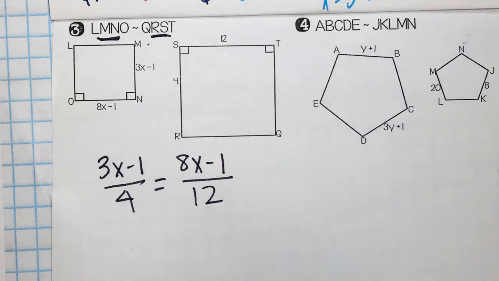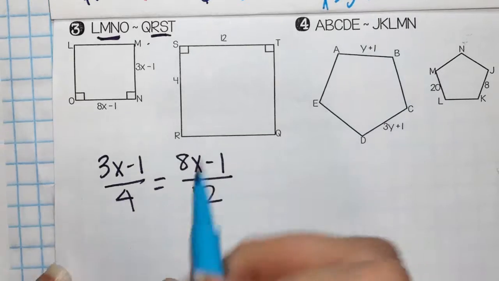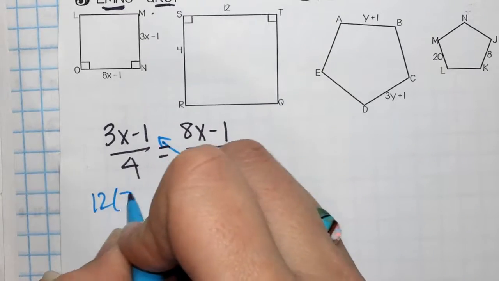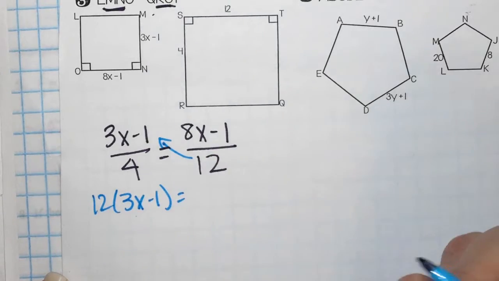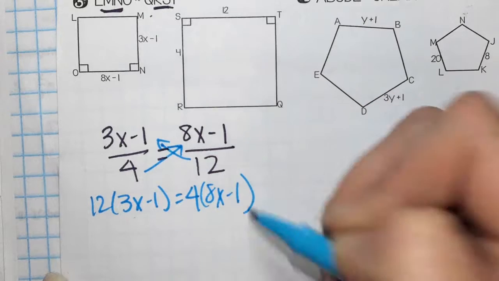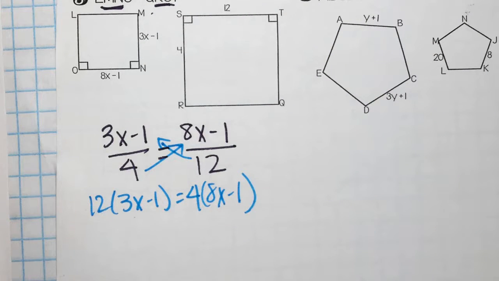This one, you add like 8 times 4? No, you do 12. So you multiply this way. You do 12 times 3x minus 1 in parentheses. And then you do 4 times 8x minus 1 in parentheses. Remember, we did this earlier in the week, right? Where we cross multiplied, and we're not afraid of it. So I didn't do that.